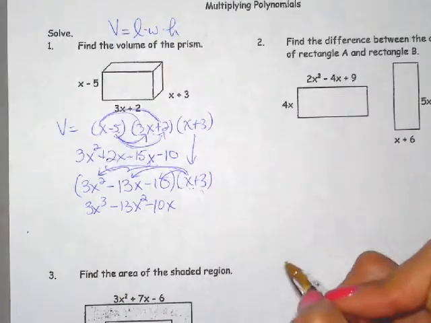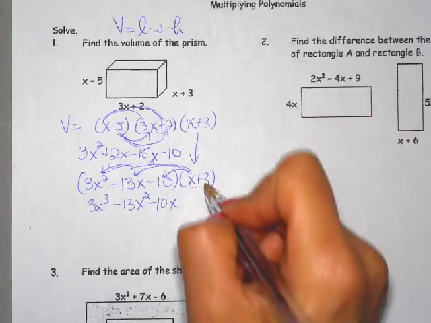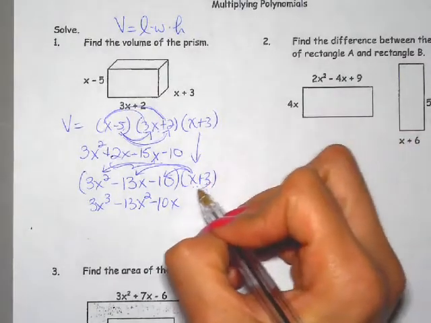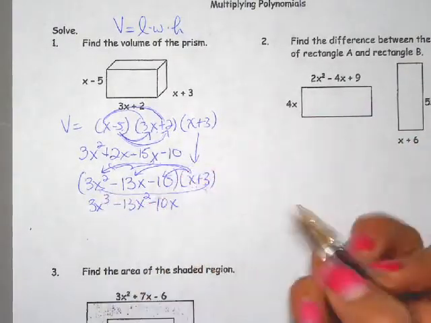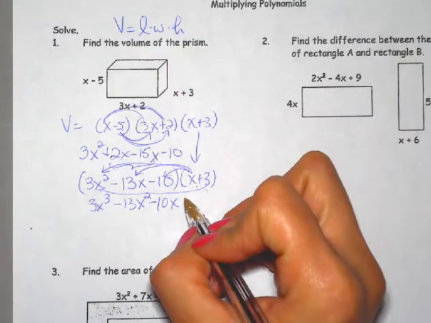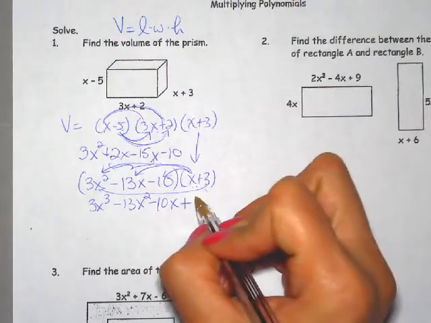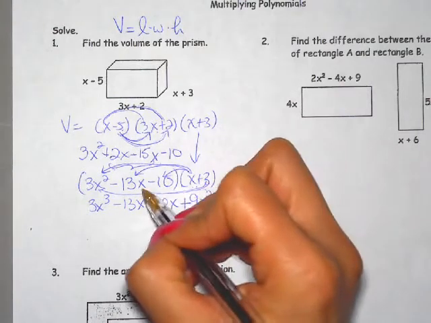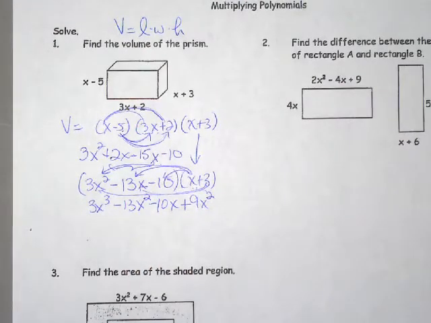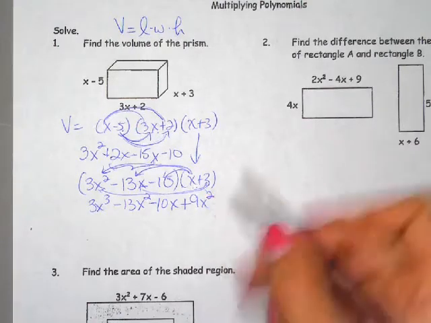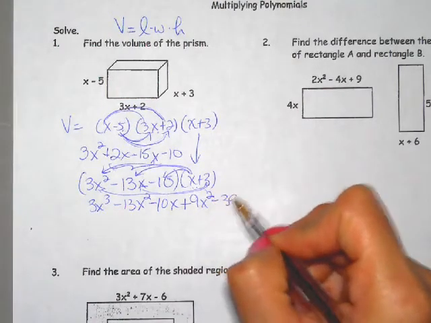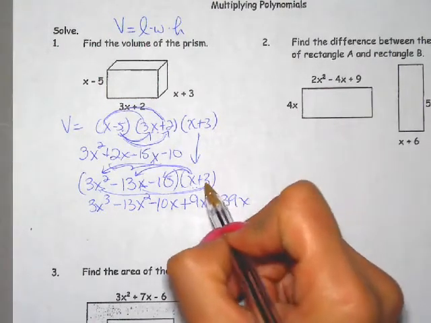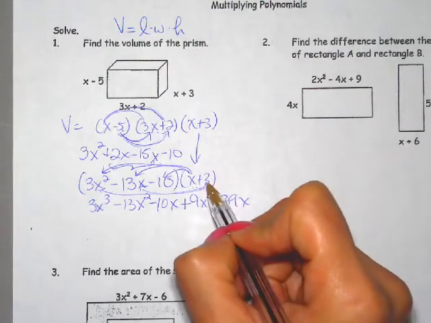Negative 10x. Alright, let's move on to the 3. Martin, 3 times 3x squared. Very good. Put plus 9x to the second power. Then 3 times negative 13x, Thomas? Negative 39x. Thank you. Tyler, then 3 times negative 10.